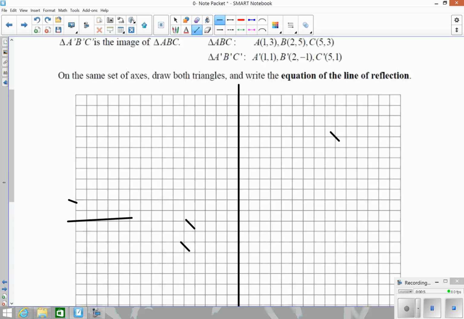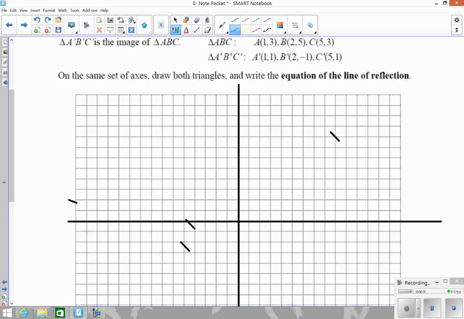I'll call this my X and Y, and I'm just going to label 5s all the way around. So 1, 2, 3, 4, 5, just for a scale on here. 1, 2, 3, 4, 5. 1, 2, 3, 4, 5. So this will be -5, and 1, 2, 3, 4, 5. Just ignore all these little segments here.